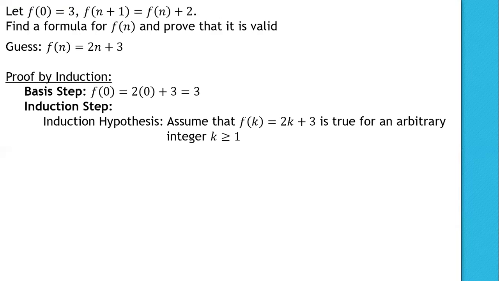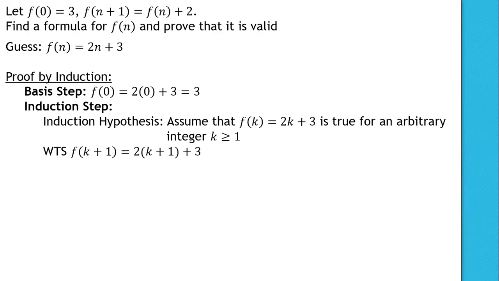So in this case, I don't have a left-hand side and a right-hand side. I have two formulas, a recursive one and the formula I just created, 2n plus 3, and I'm trying to show that they're equal. So you can sort of think of those as stand-ins for my left-hand side and my right-hand side, but I'm trying to show that these two methods, the recursive one and the formula, will provide the same sequence. So I want to show that f of k plus 1 will be 2 times k plus 1 plus 3.